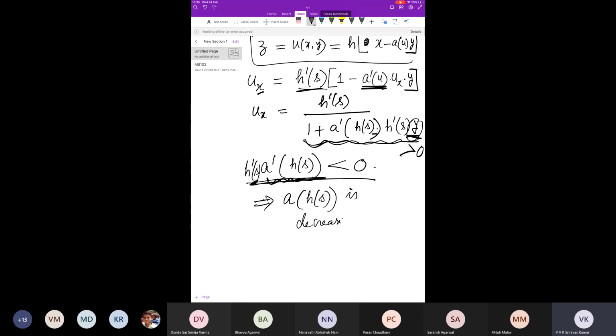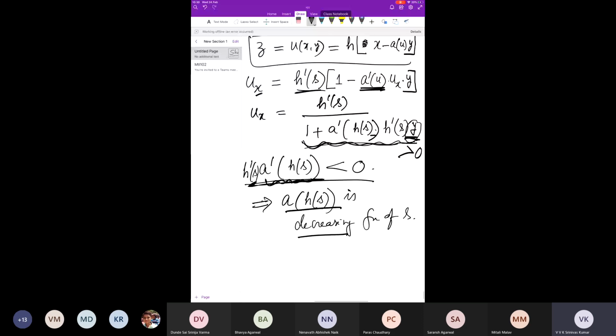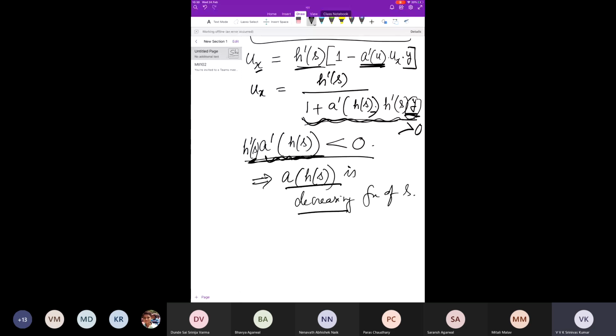Derivative negative means what? Decreasing function of s. So unless this is a decreasing function, we will not have a problem. There is no singularity. Whenever this becomes a decreasing function, then the denominator will have the problem of singularity. So that is the analysis.